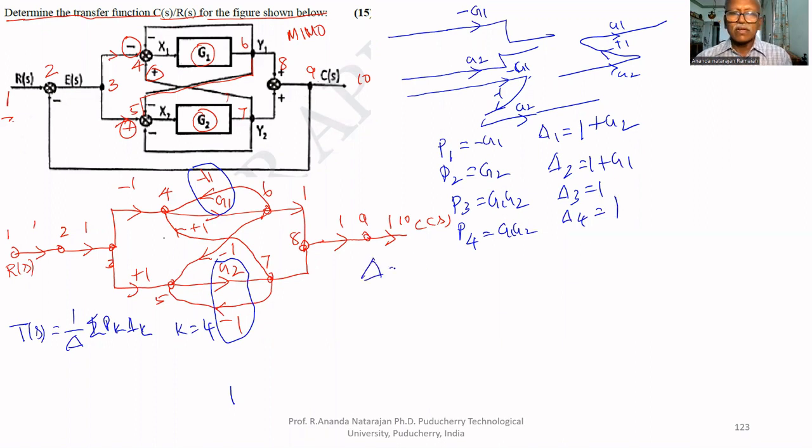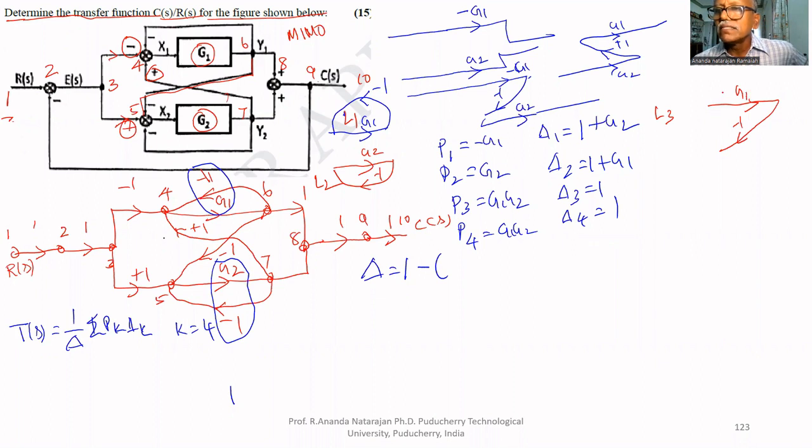Now we have to find delta. Delta equals 1 minus the sum of the loops. The first loop is G1 with -1. This is L1. The second loop is G2 with -1. That is the second loop. The third loop is minus G1, -1, plus G1, -1, then G2, plus 1.